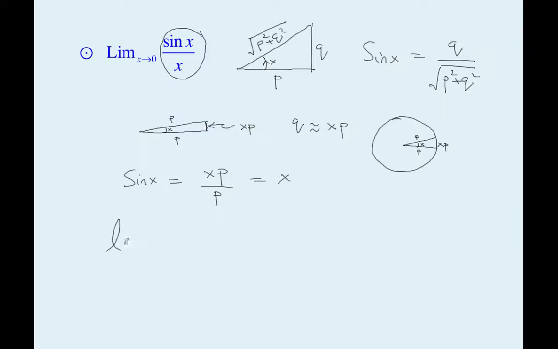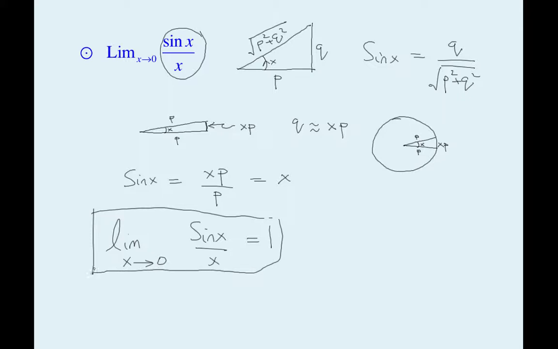In other words, what we've discovered is that the limit as x tends to 0 of sine of x divided by x is 1. And that's an important result which you ought to remember. Of course, there'll be other ways of deriving this, but we'll do those after we've studied things like Taylor's theorem and so forth.